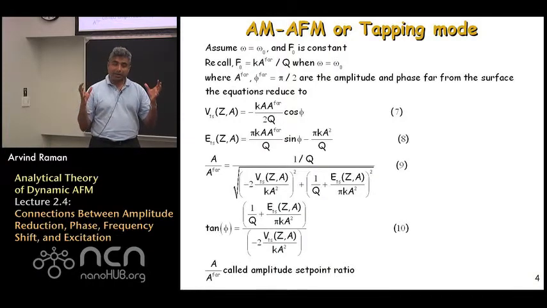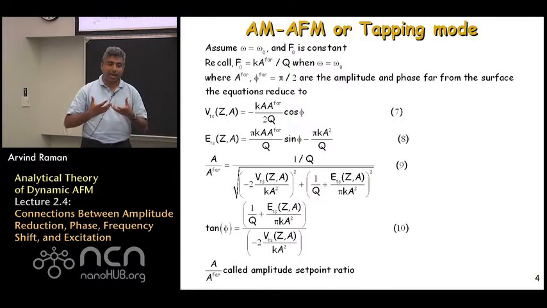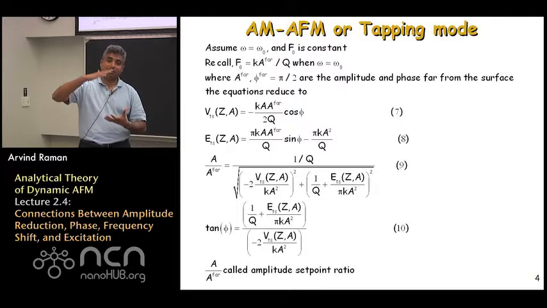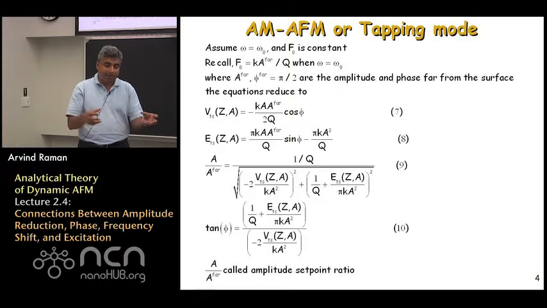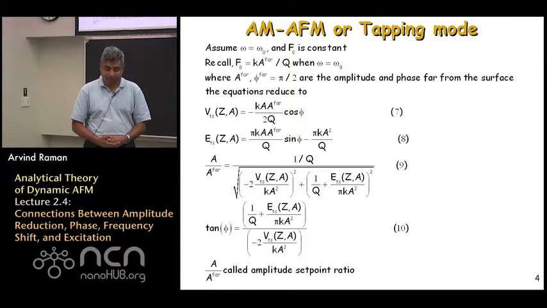So equation 9 is a nonlinear equation that tells us how the controller would try to change the Z value over the sample in order to keep the amplitude constant, in the face of the fact that as one scans from point to point, the ETS and VTS change due to changed material properties, for example.